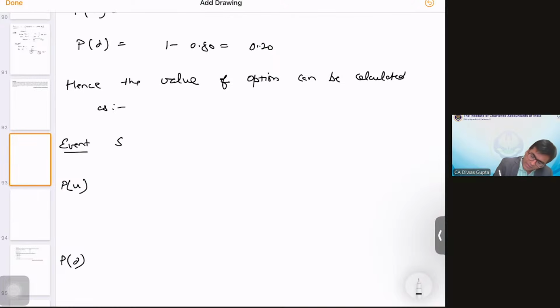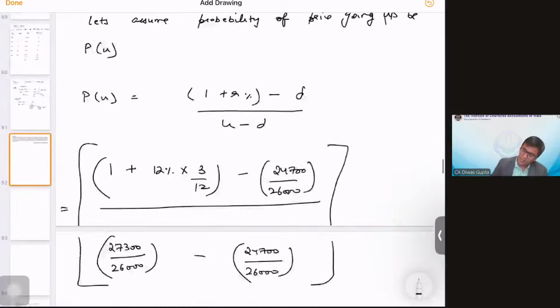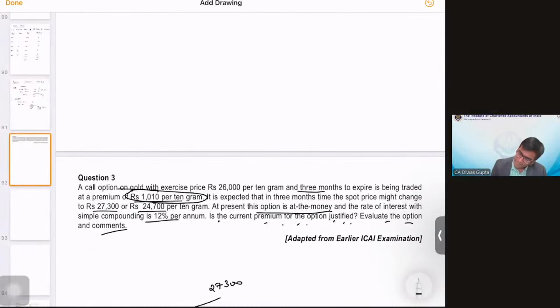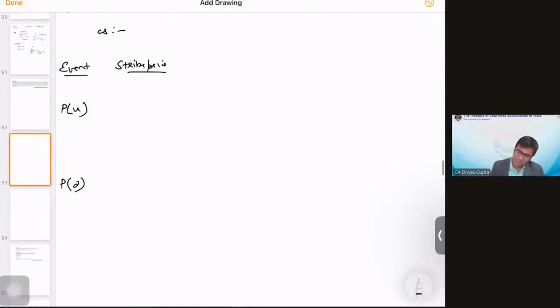Strike price. So what was said for strike price? At present, this option is at the money. That means the strike price is equal to the spot price. At the money means no gain, no loss, right? So that can only happen if it is at the strike price itself.